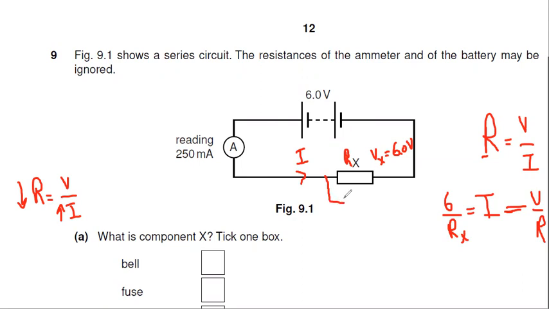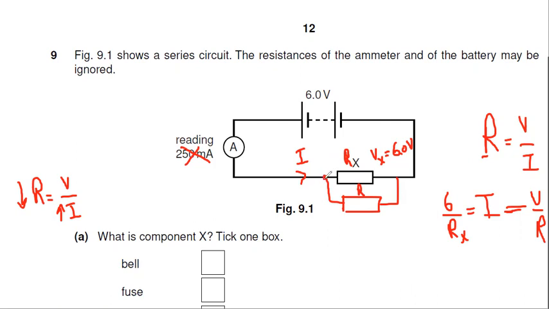When we added another resistor R in parallel, the total current coming out of here will not be at 250, it will change. As we said before, the current will increase.